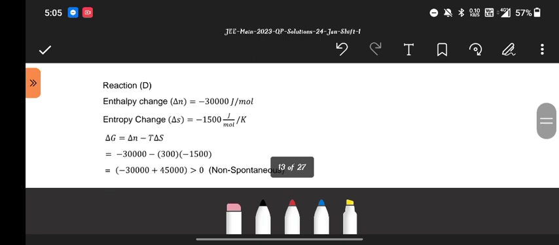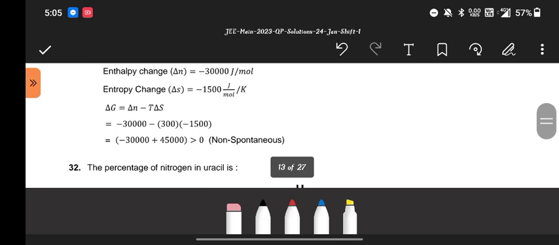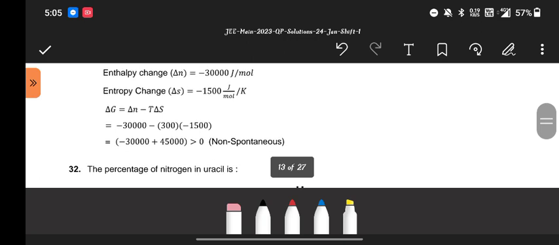And in reaction D, if you see, enthalpy change ΔH is equal to minus 30,000 joule per mole, and entropy change ΔS is equal to minus 150 joule per mole per kelvin. ΔG is equal to ΔH minus TΔS. So therefore it is equal to minus 30,000 minus 300 into minus 150.